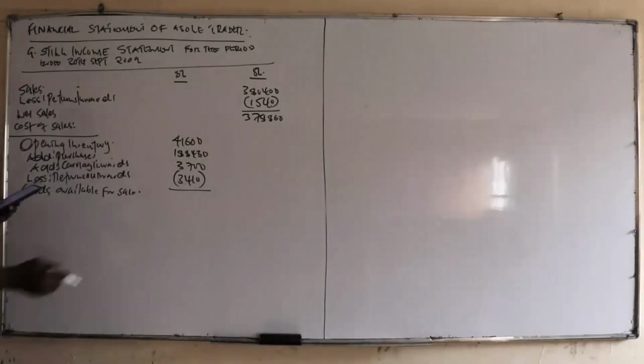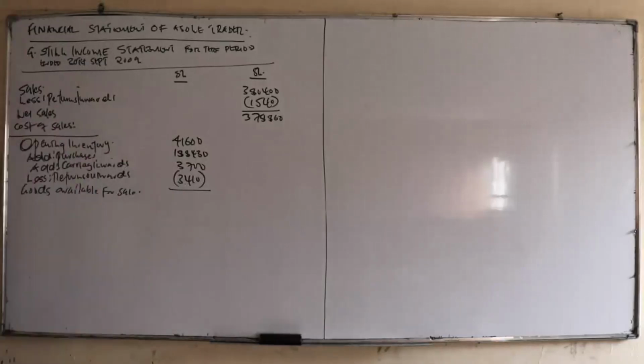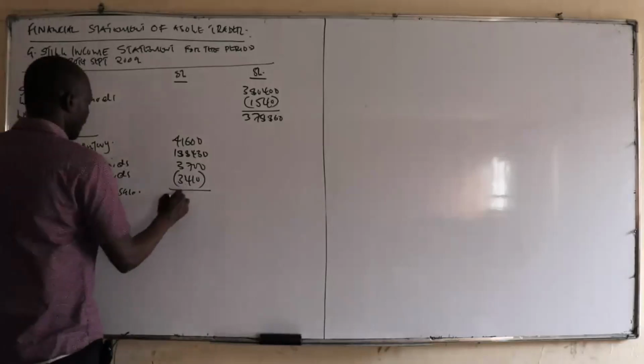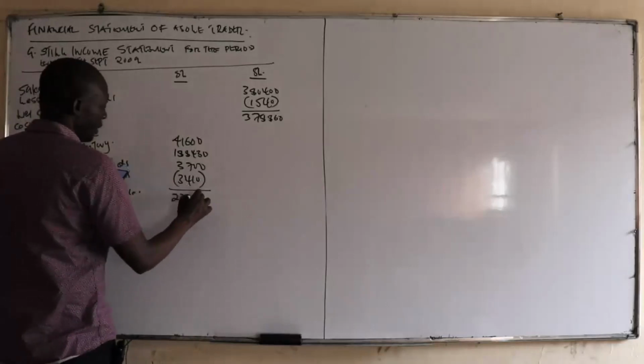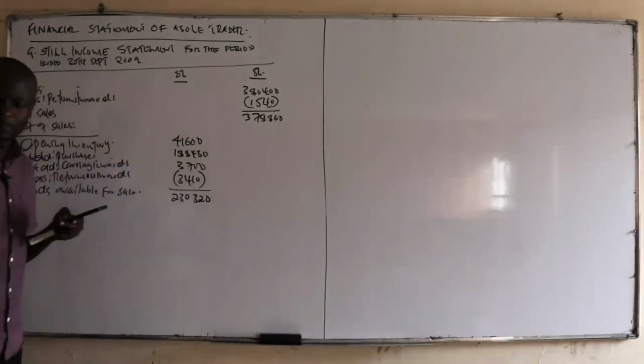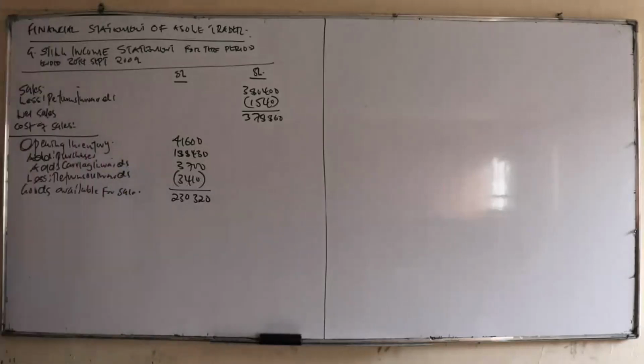You take this 41,600 plus 188,430, plus 3,700 which is carriage inwards, minus 3,410 which is returns outwards. You get 230,320. So that is goods available for sale.